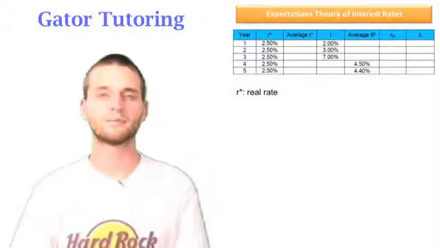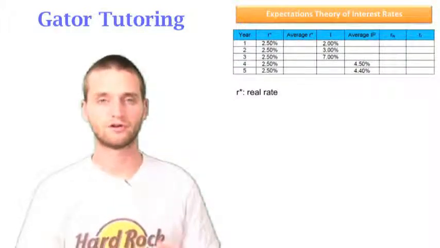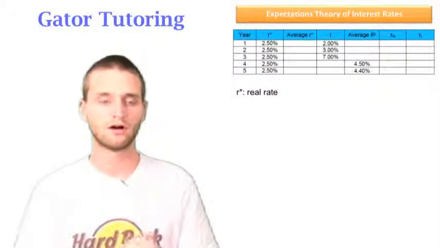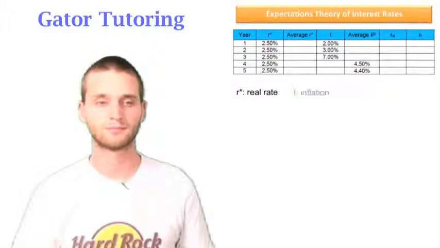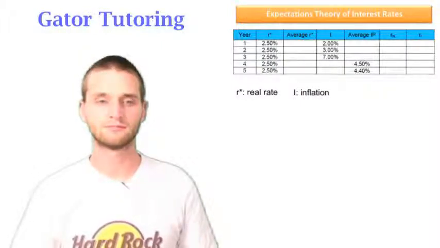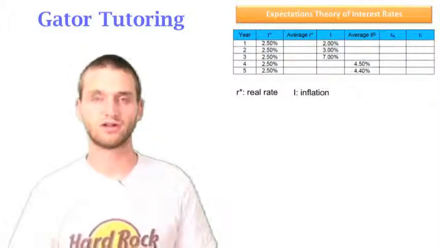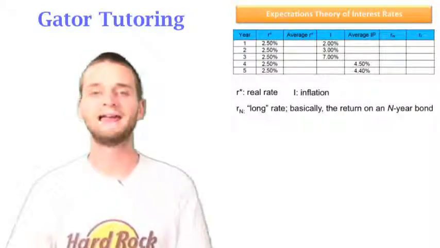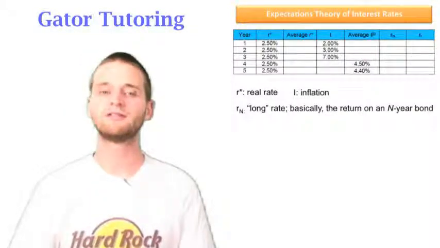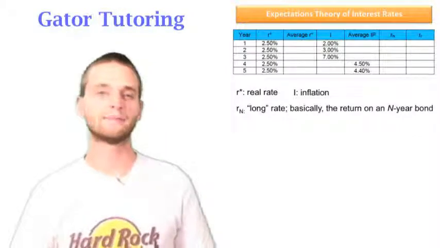So first, just to label everything that's in the header, all the columns, what they mean. R star is the real rate of interest. I is the inflation premium, which is just equal to the rate of inflation in that year. R sub n is the long rate, which is basically the return on an n-year bond.